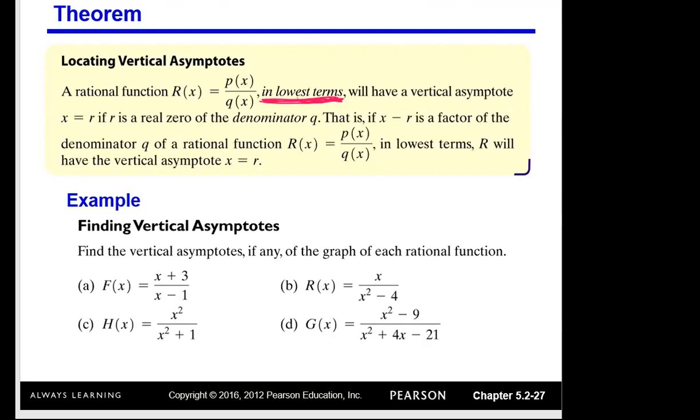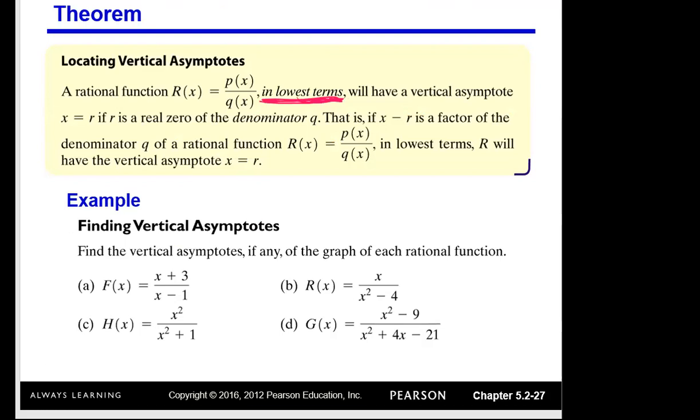Then it will have a vertical asymptote x equals r if r is a real zero of the denominator, which is pretty much the same thing as when you were asked to find the domain of your function. Whatever was left out of your domain, that is where vertical asymptotes happen. So when you were asked those questions before we started talking about asymptotes, you were already finding vertical asymptotes.